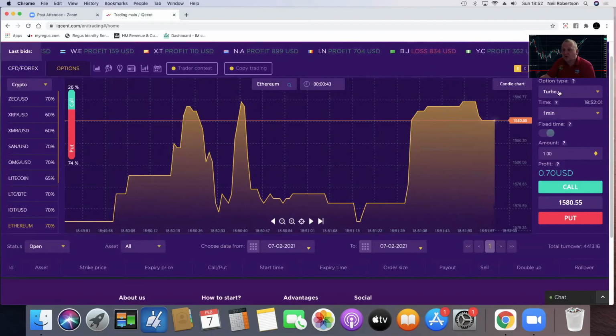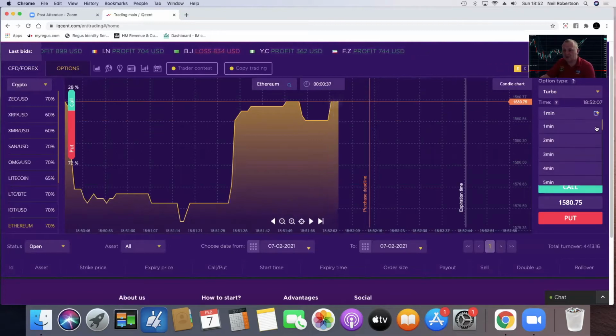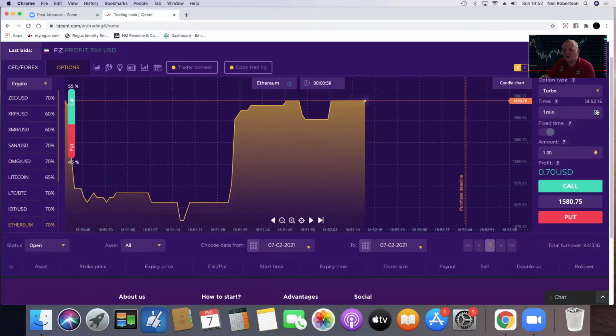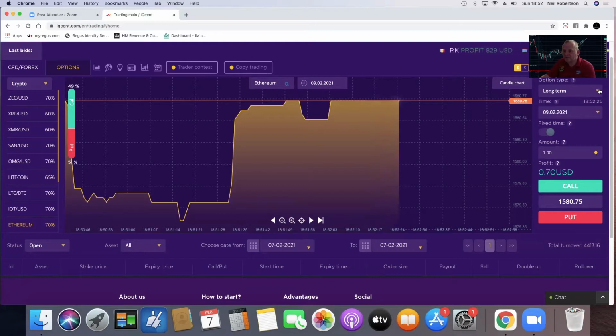On the right-hand side here, you can have it on turbo, so that's just a small number of minutes, right up to 30 minutes, or you can have it intraday, so onto a time, or long term, which is dates. Generally we work off of turbo.